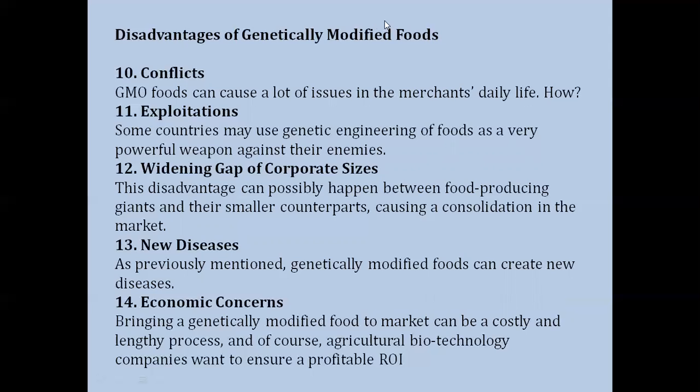Exploitation of the germplasm and genetic engineering of crops can be a powerful weapon against enemies; they can be exploited. Widening gap of corporate sizes is also a disadvantage. This disadvantage possibly happens between the food producing giants and their smaller counterparts.